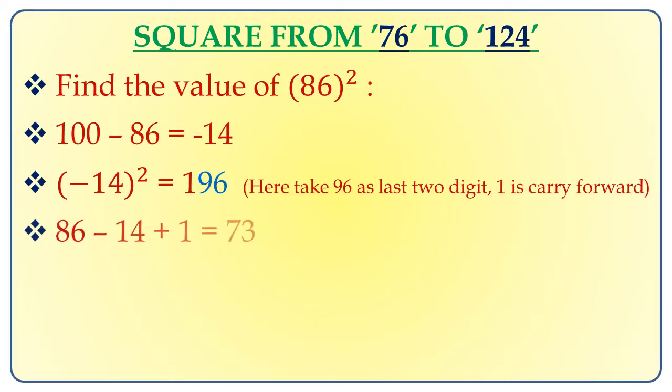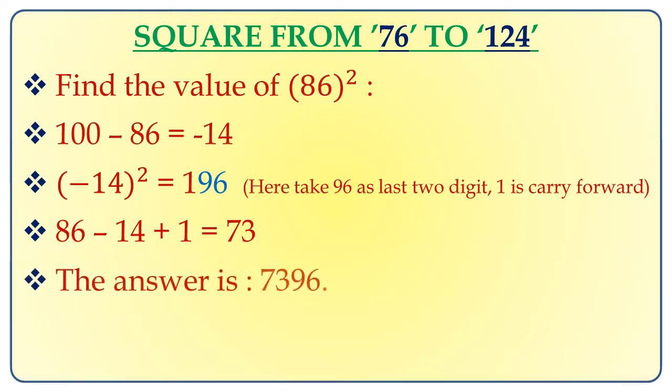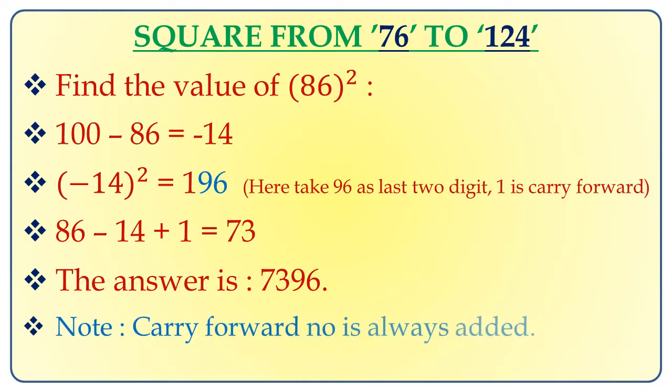So 86, the original number, minus 14 plus 1. We took the original number minus 14 plus 1, plus 1 because the carry forward number is always added. And the result becomes 73. So the final answer of 86 square is 7396. Please keep in mind that the carry forward number is always added.